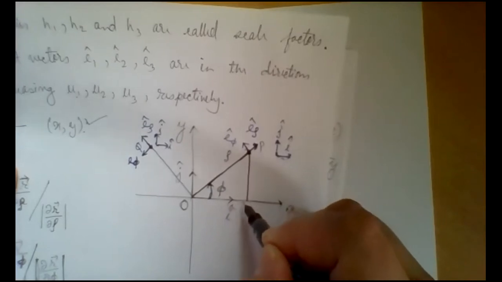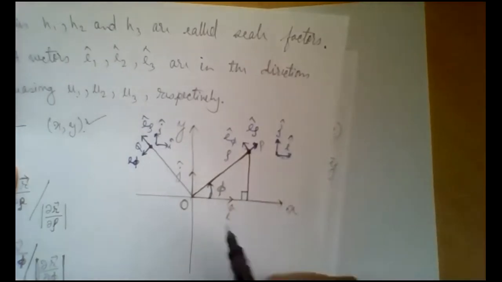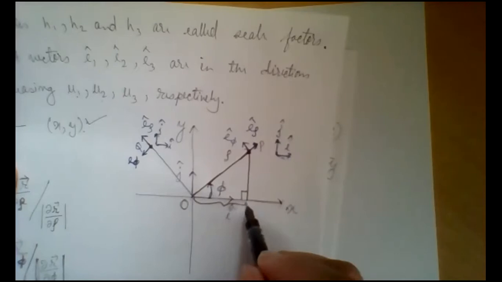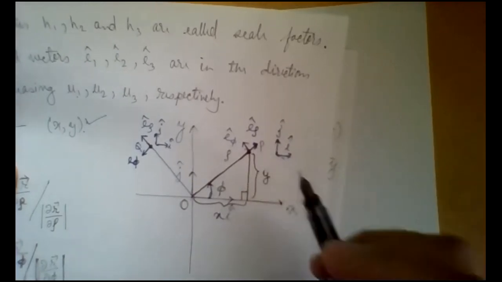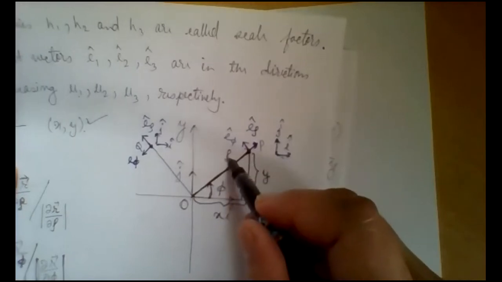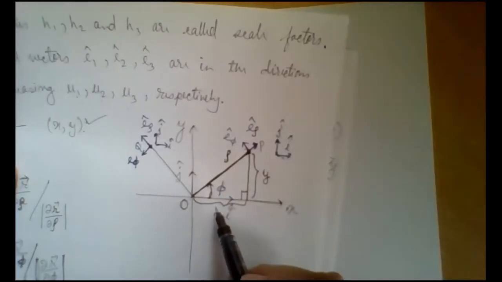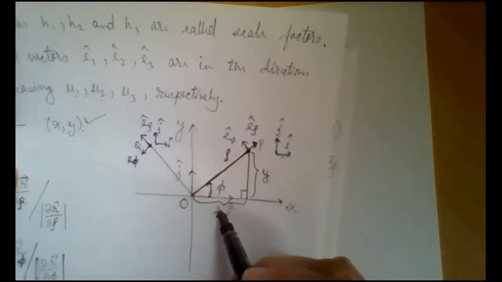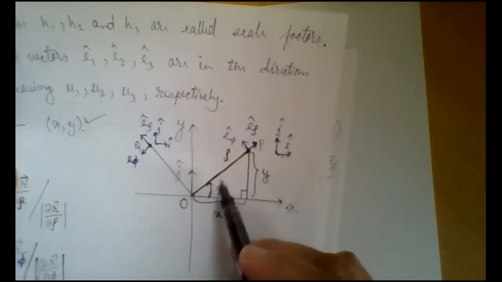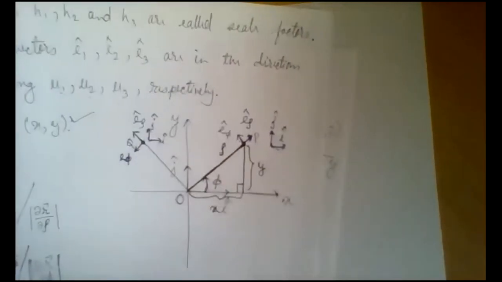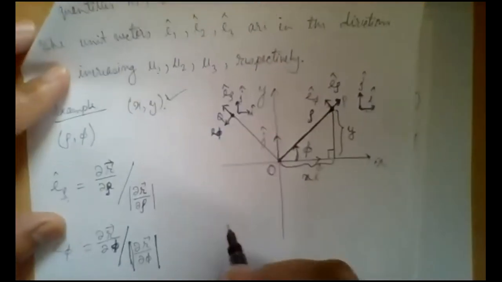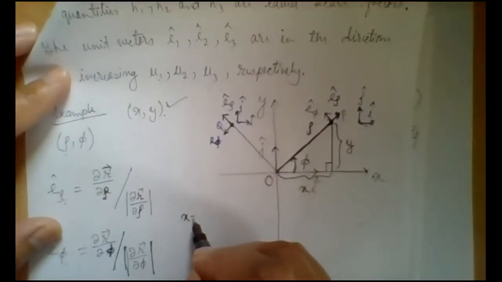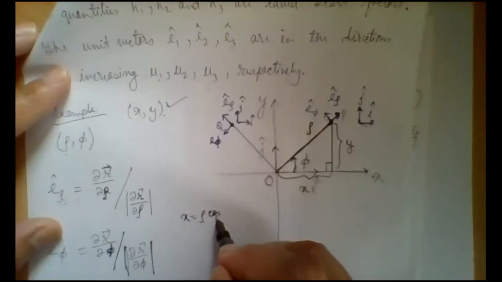If I drop a perpendicular here, this is x, this is y, and this is rho. So x is rho cos phi, y is rho sin phi, as in 2-dimensional polar coordinates.